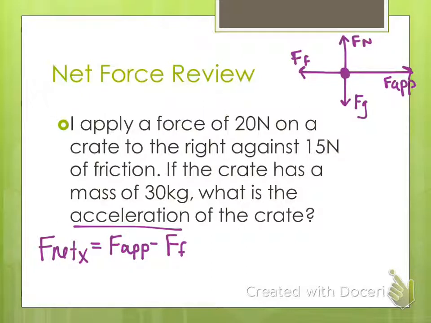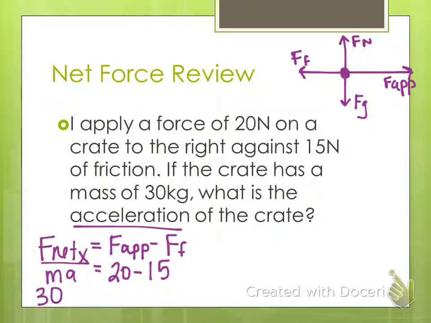Now we can go back and plug in our numbers here. So F net is equal to force applied, which is 20, minus force of friction, which is 15. What can we substitute in for F net? M times A. Okay, M times A. We're solving here for acceleration, so A needs to stay the same. What's the mass of our system? 30.